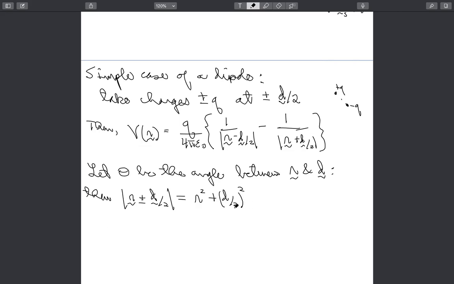Then I've got just the r d term, so minus or plus r d cos theta. Actually, I should write minus or plus here.